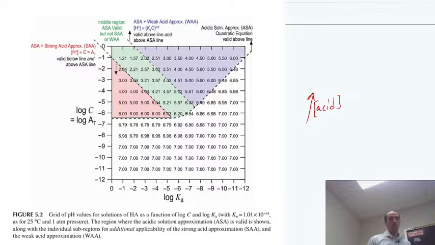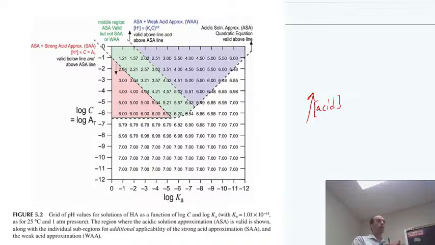And on the x-axis, this is essentially where the equivalence point for the acid is, where it's going to be crossing between A minus and HA.